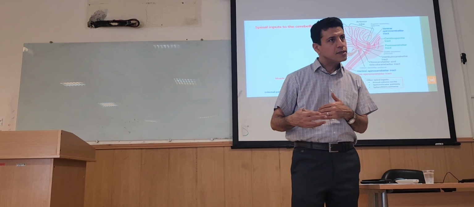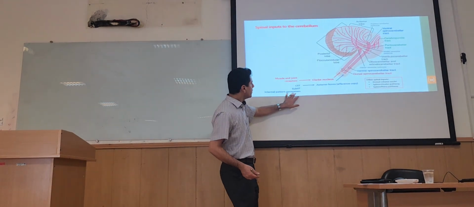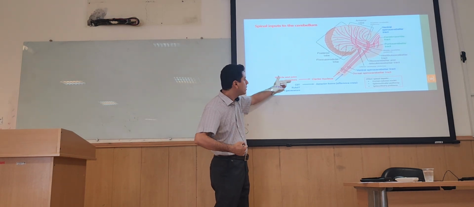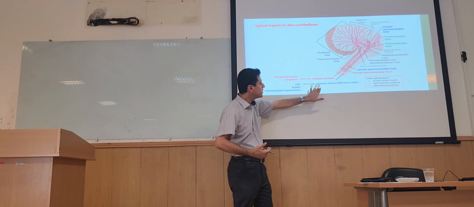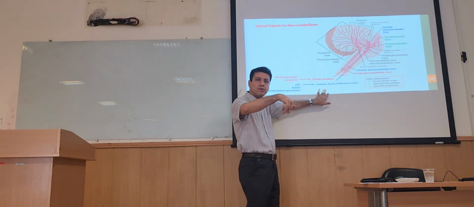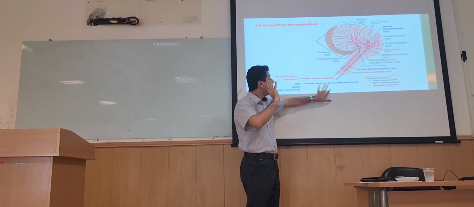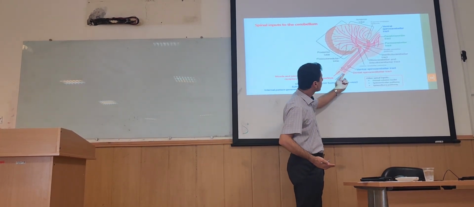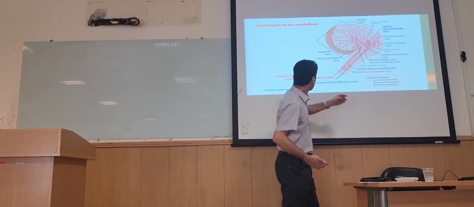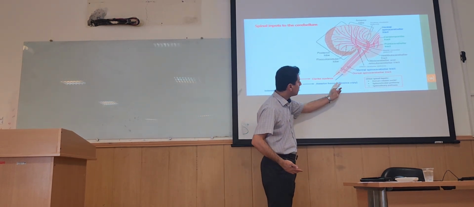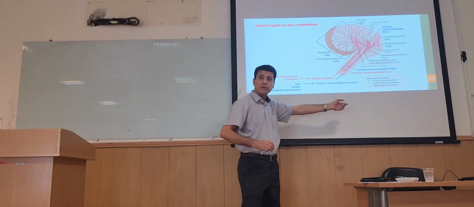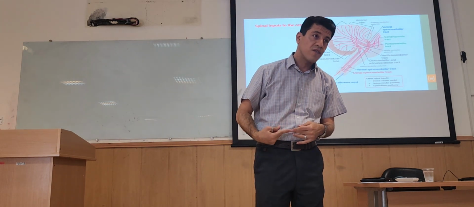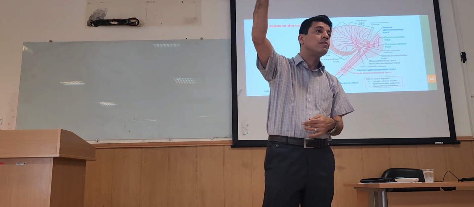So neurons related to walking, neurons from the red nucleus, and neurons from the motor cortex come here in the anterior horn. They terminate on alpha motor neurons and also interneurons here. From these neurons, we have some signals that go through the ventral spinocerebellar tract to the cerebellum. We call this type of information efference copy of the motor command. So the motor command comes from the cortex to the spinal cord, and one version of this goes back to the cerebellum.